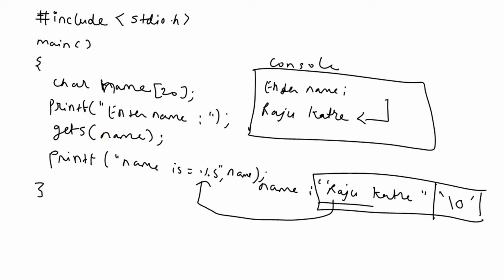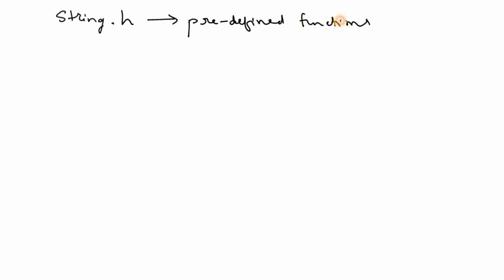We see one more example. Here we have one header file, string.h. The string.h header file contains n number of predefined functions used to process strings.